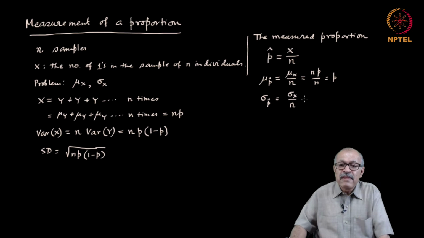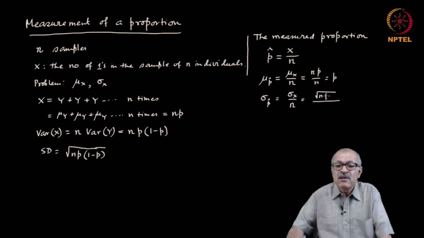Now, we know that sigma of x was square root of n p (1 minus p), and here is n. Therefore, this comes to be square root of p (1 minus p) by n.